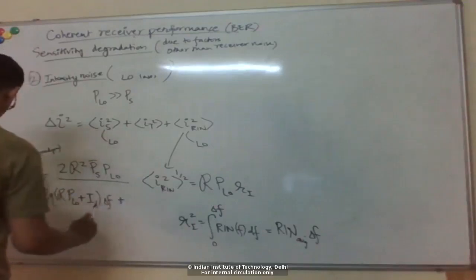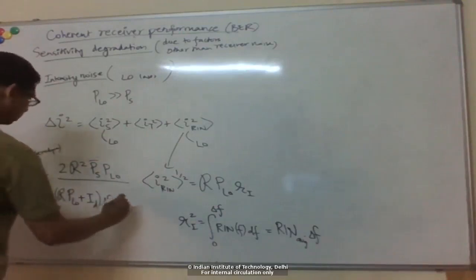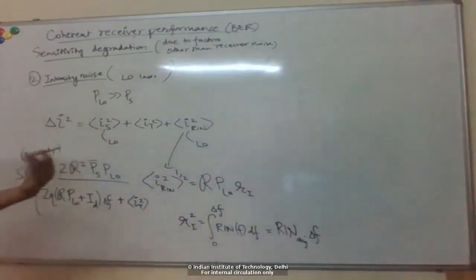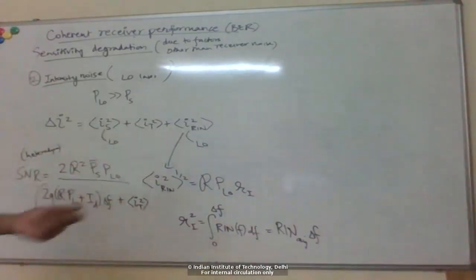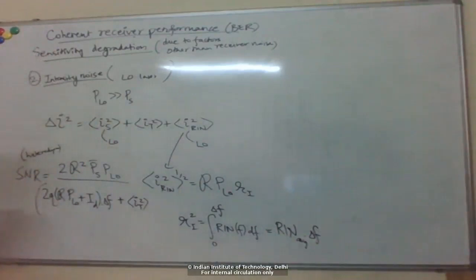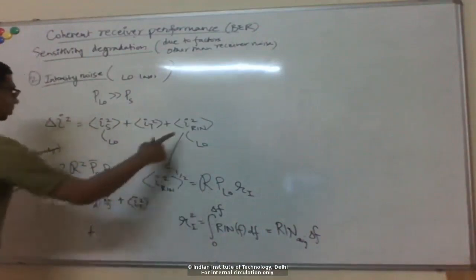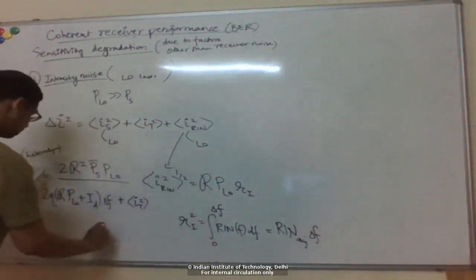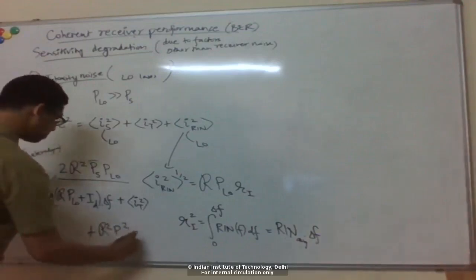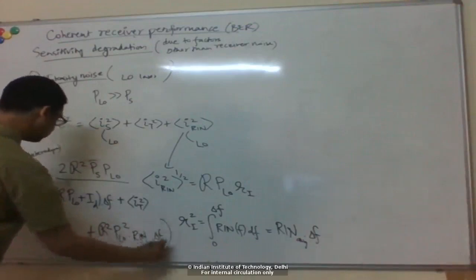And then the thermal noise current will depend on the electrical circuit parameters like the load resistance and the noise figure of the electrical amplifier, etc. So there's some thermal noise current here. And then the RIN noise, again, I can write like this. So I squared will be this times the RIN times the bandwidth. Okay.